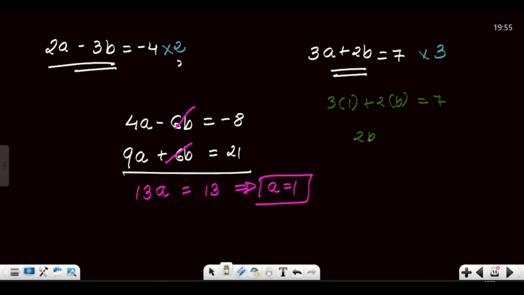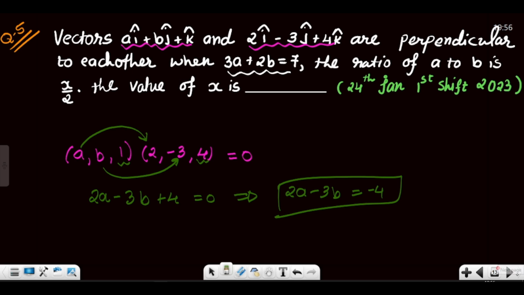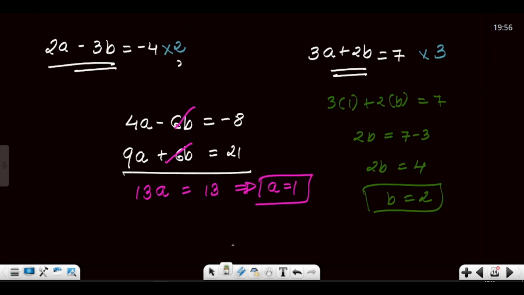So 2b equals 7 minus 3, which is 4, so b equals 2. They have asked for the ratio of a and b. The ratio of a and b is 1 by 2. Okay, so this is the last part.